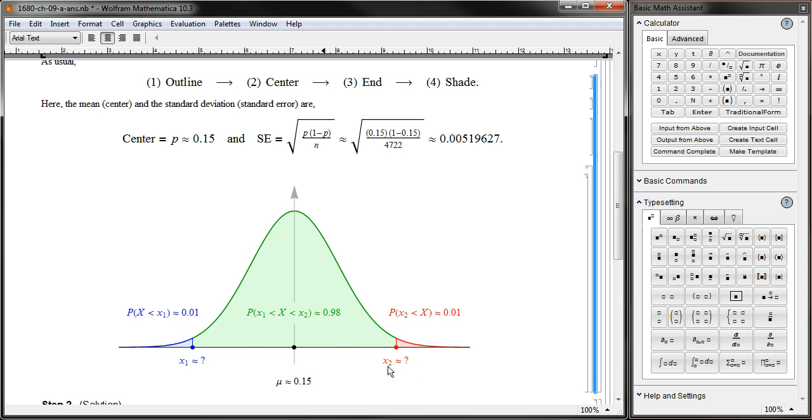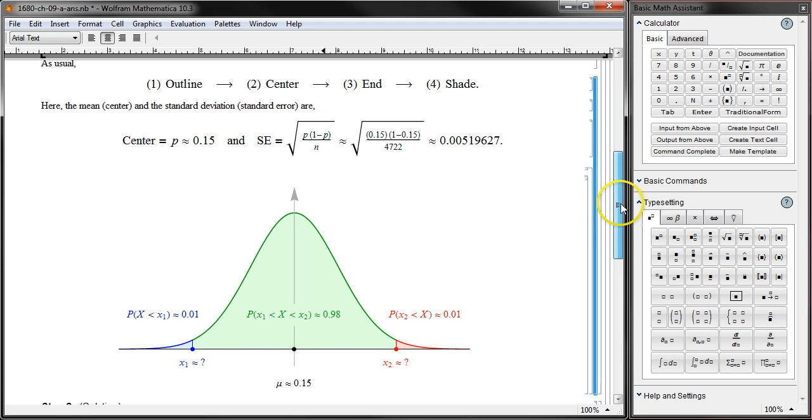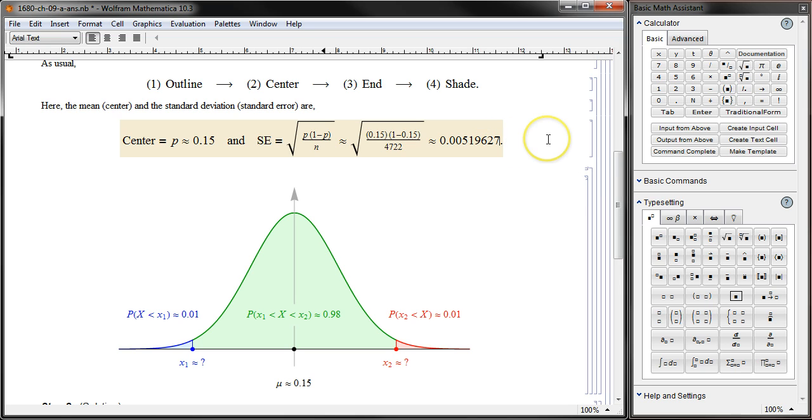One more thing, this is about binomial. So we use the SE formula given as follows. SE is the square root of p times 1 minus p over n. In this case, 0.15 is the observed proportion, 1 minus that, over the n value, 4,722. I did the computation with Mathematica.